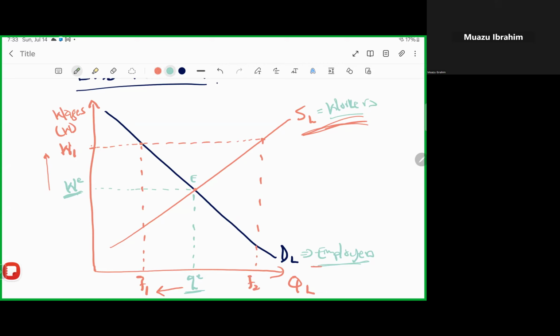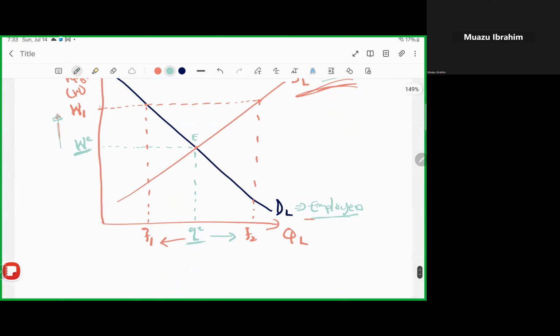Supply has increased from QE to Q2, because the amount of wage has increased. Now, in this case, there is going to be excess supply of labor, because more is being supplied, as you can see. This is our quantity supplied, and this is our quantity demanded.